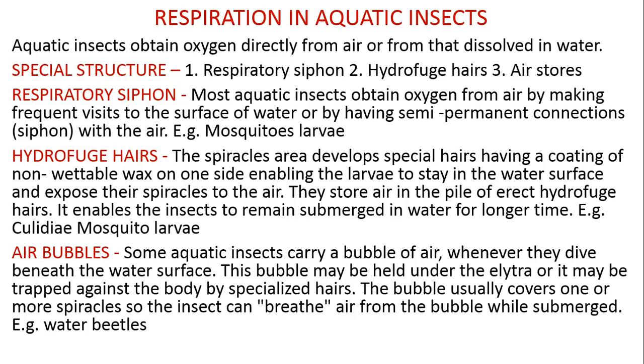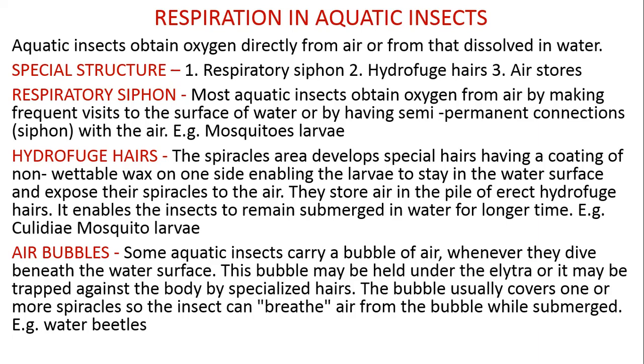Hydrofuge hairs. The spiracles area develop special hairs having a coating of non-wettable wax on one side, enabling the larvae to stay in the water surface and expose their spiracles to the air.